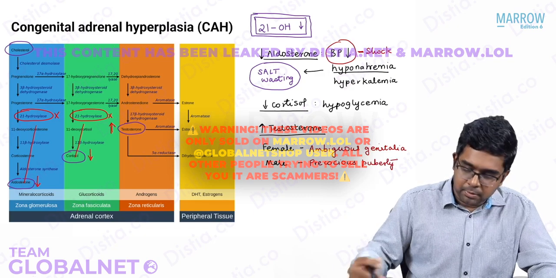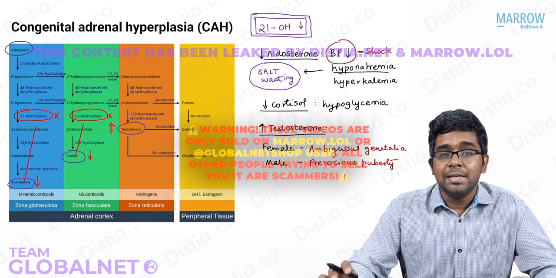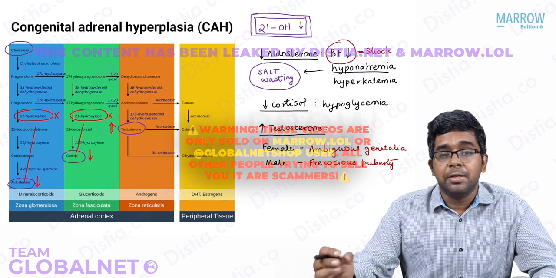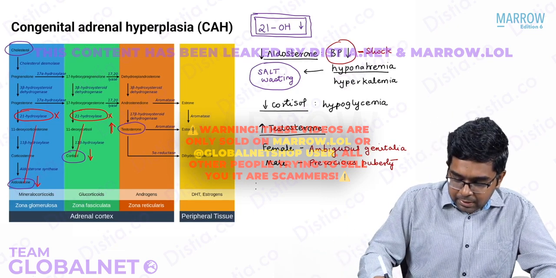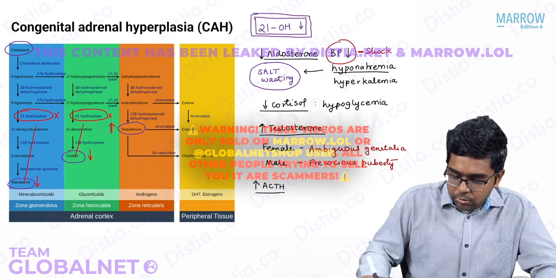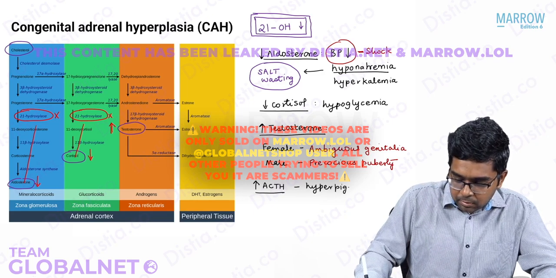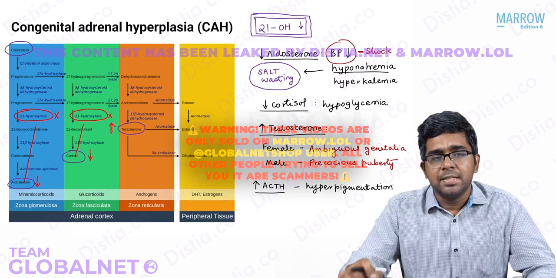And as I said before, there is also increased levels of ACTH. Why? Because of the feedback, the pituitary starts releasing more ACTH. And this is going to result in hyperpigmentation. What is the reason for this?